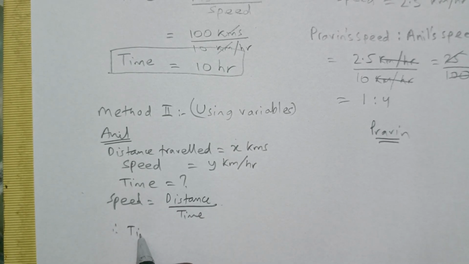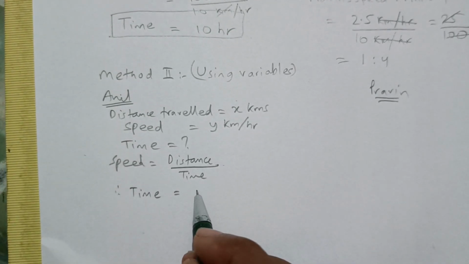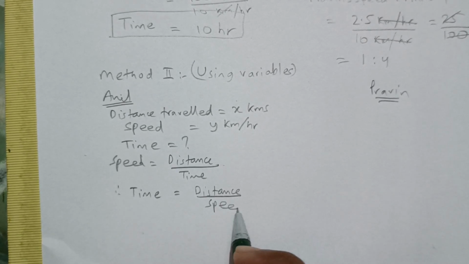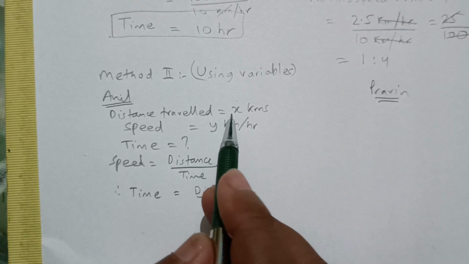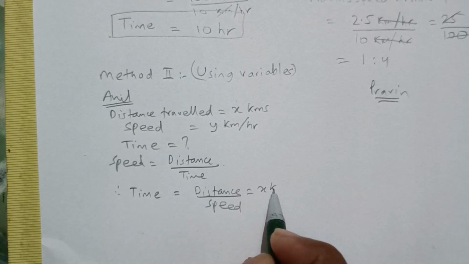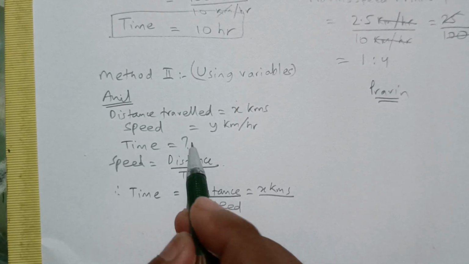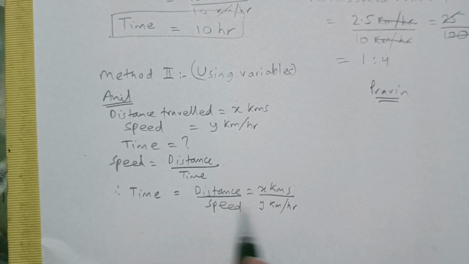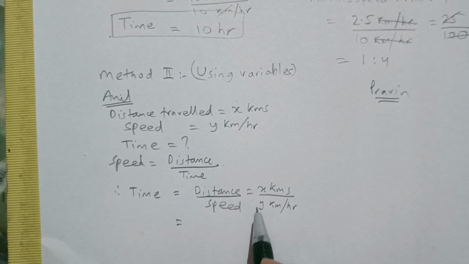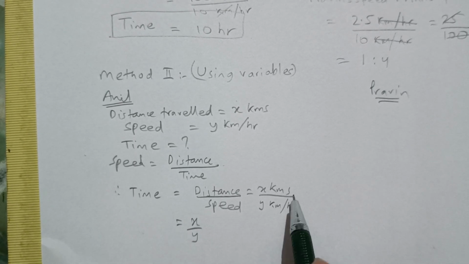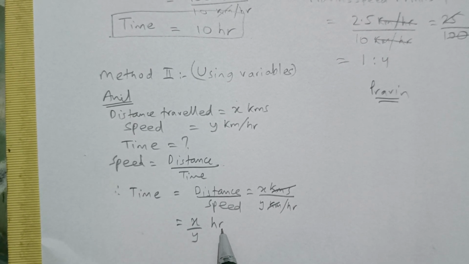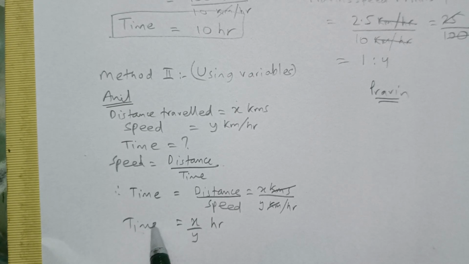So therefore time is equal to distance by speed. So distance is x kilometers and speed is y kilometers per hour. So therefore time will be x by y. This kilometer and this kilometer cancel. So this hour goes up, so hours. So time taken by Anil is x by y hours.